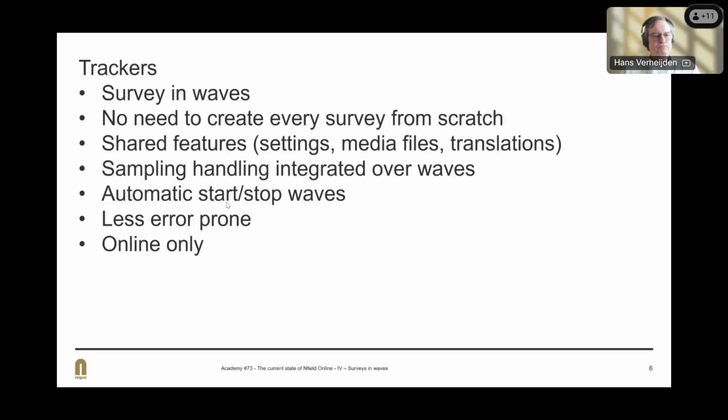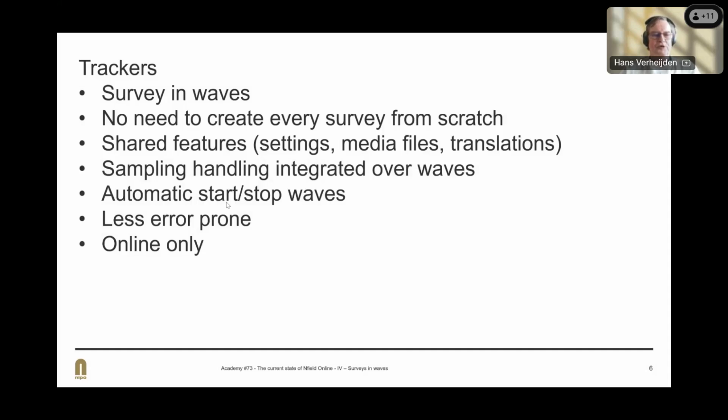I will show you this. We can automatically start and stop waves, which is also a nice feature, so that nobody needs to be there to actually perform the action. You cannot forget about this. So all in all, that makes it also less error prone. I should say it is currently only available for online surveys.